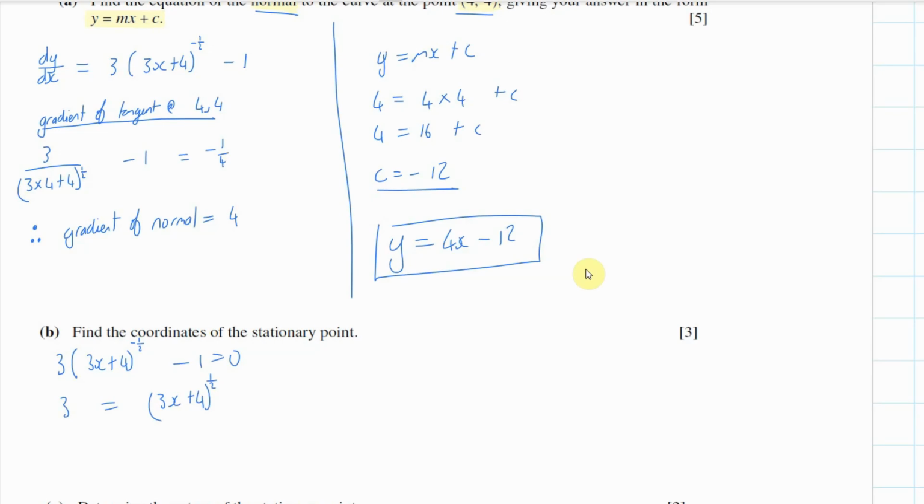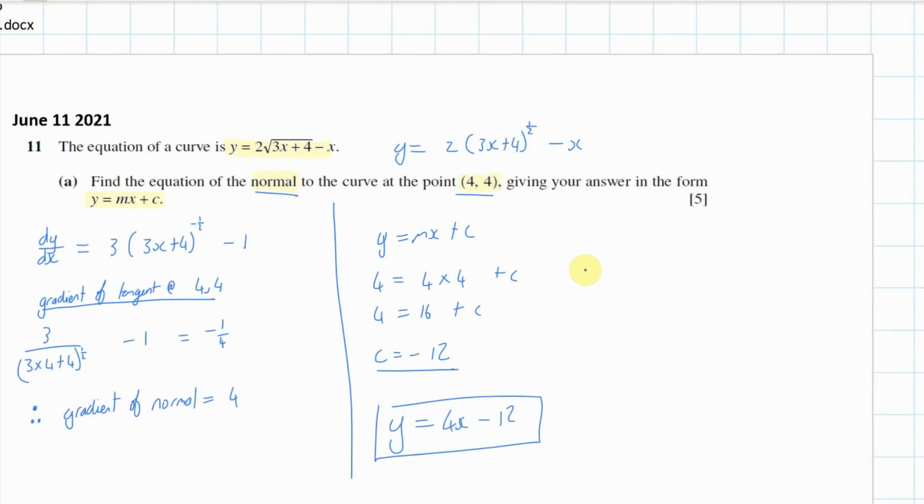Okay, so that's what I've done there, and then I'm going to square both sides, so I should get 9 equals 3x plus 4. And therefore 5 equals 3x, and so x is equal to 5 over 3, and y equals, now I can just plug this into the original equation up here.